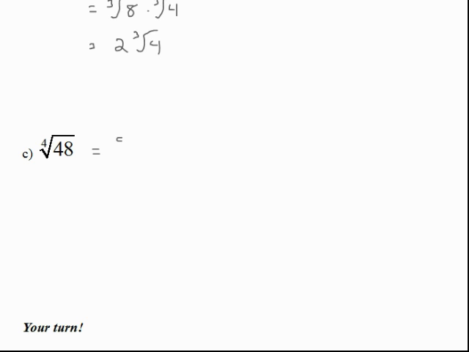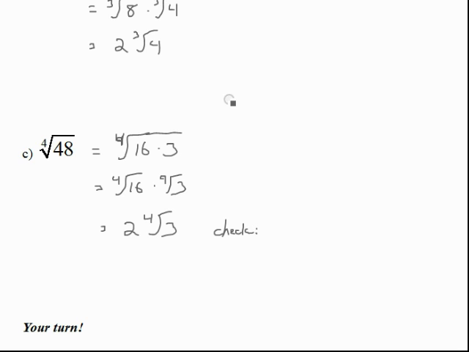So this becomes the 4th root of 16 times 3. That's a 4. So this is the 4th root of 16 times the 4th root of 3, which is 2 times the 4th root of 3. Okay, and then check on your calculator.